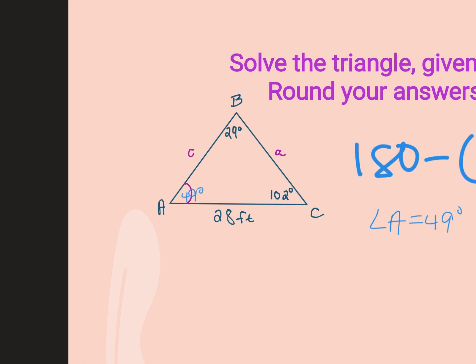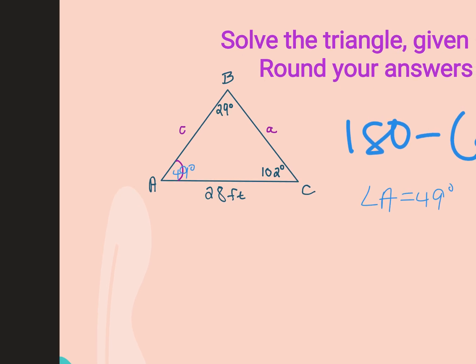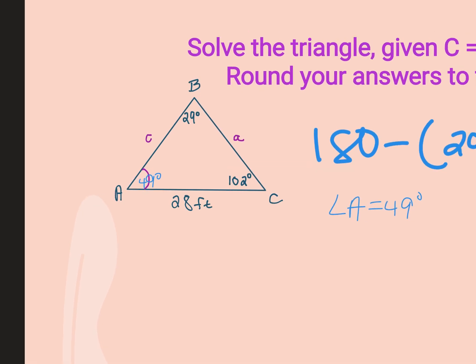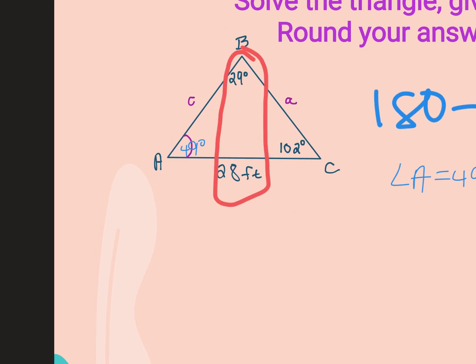So what are the other two pieces that are missing? Sides, correct? So this is where your law of sines comes in. It's a proportion. I like to use what is given. At the beginning of this problem, were you given an angle measure and its corresponding side? Yes, right here, correct? So I'm going to write my law of sines. I'm going to say the sine of 29 over 28.